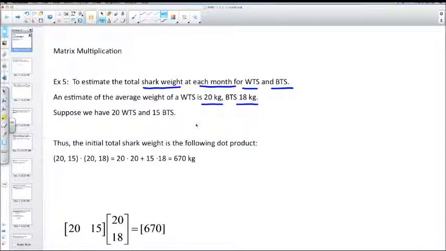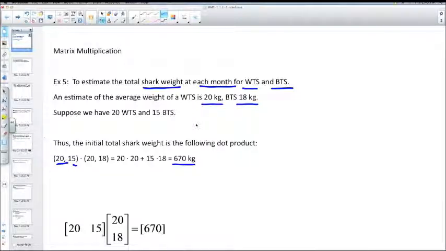So now, in the first month, we remember we have 20 of WTS, 15 of BTS, and then the total weight. We did this before when we learned vector calculus, and we just do the dot product. We got a total of 670 kilograms.